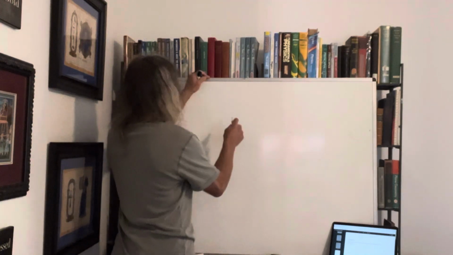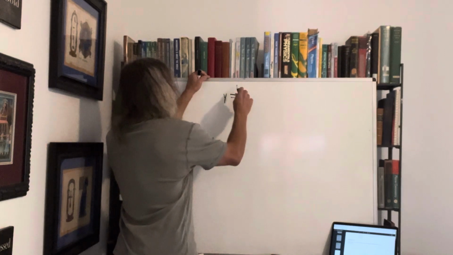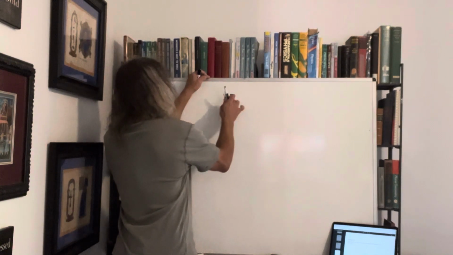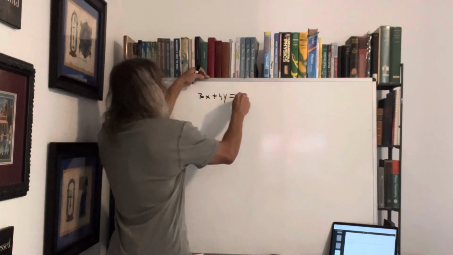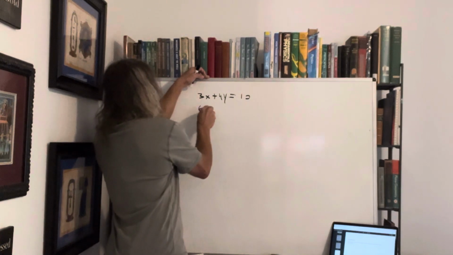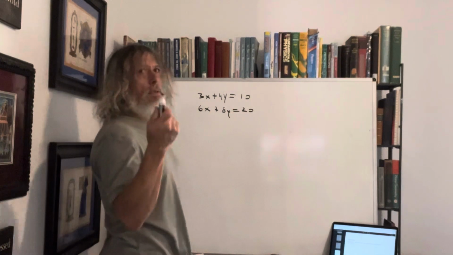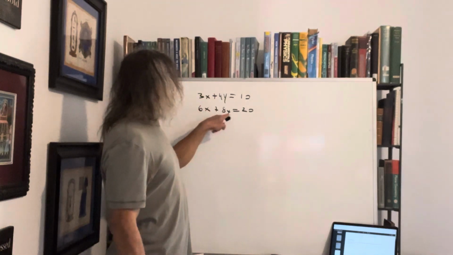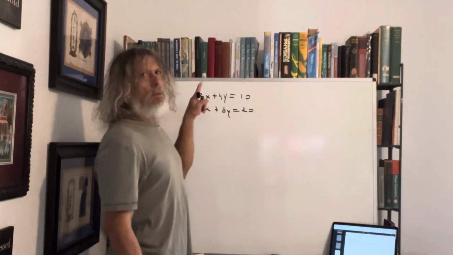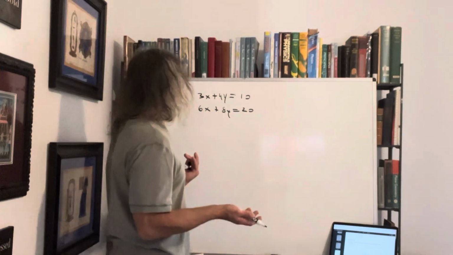So if we have, let's say the way what comes up a lot, like 3x plus 4y equals 10, 6x plus 8y equals 20. If we notice that all these numbers are 2 times these, then it's just a different form of the same line.